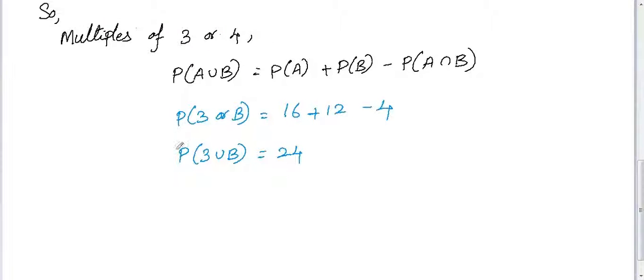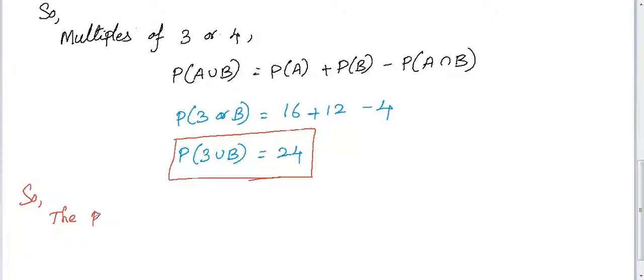So the multiples of 3 or 4 are 24. Now we need to find the probability of the number which is a multiple of 3 or 4.